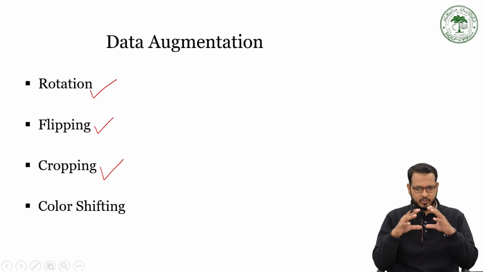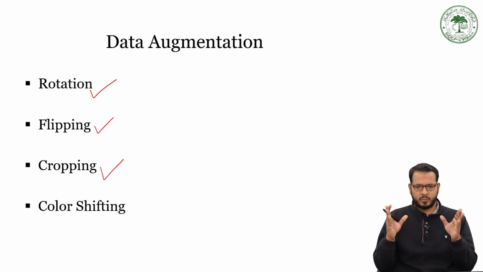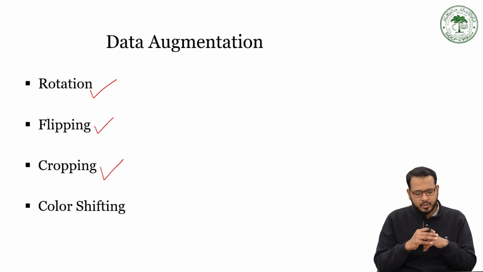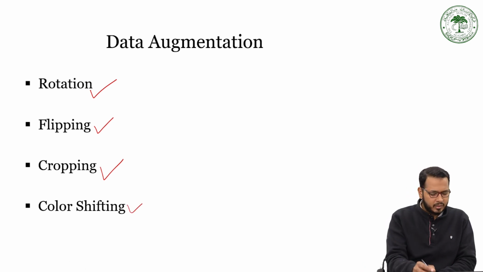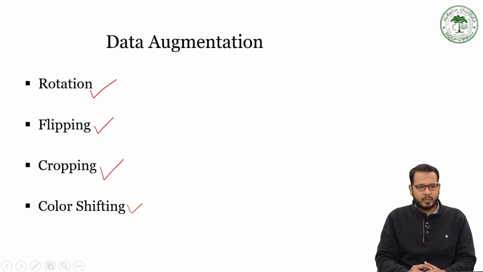Cropping means you have been given an image and you crop it to some specific object or some specific scene of that image. We also have color shifting, where if it is a color image, we change the color of the image and present that as a new image. So let's see examples of all of them one by one.